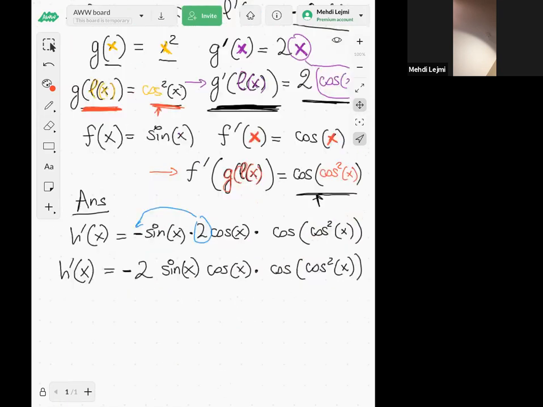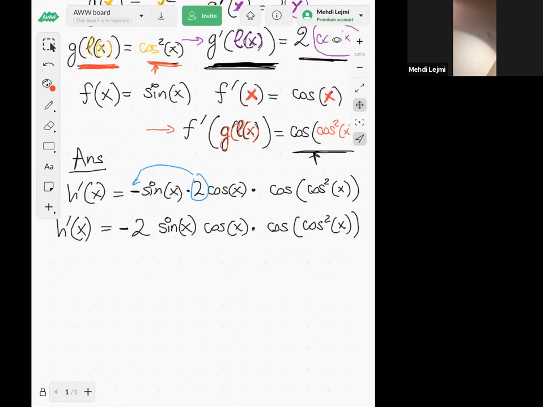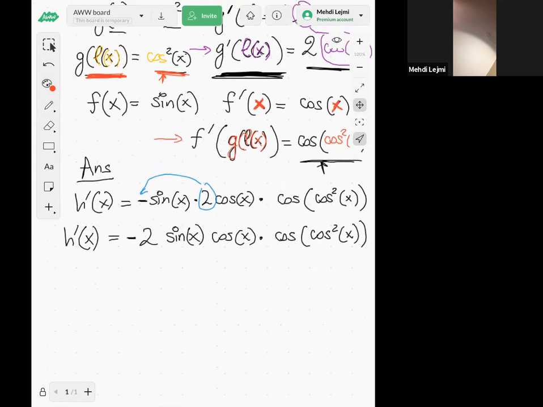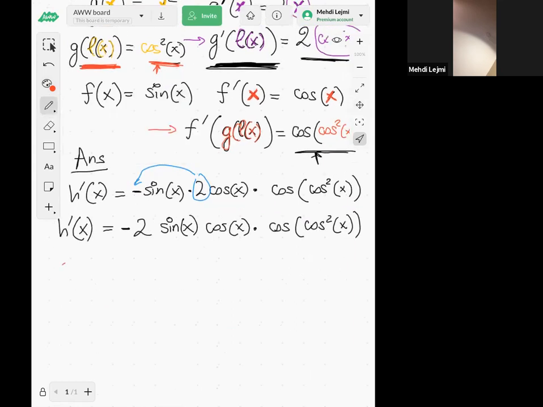All you have to do, guys, is identify the f, the g, and l. In problem number 2, I'm going to do something similar to the last problem in the homework. Let's say you have h of x equal to, so instead of sine, cosine of x squared minus 1 to the power 99.